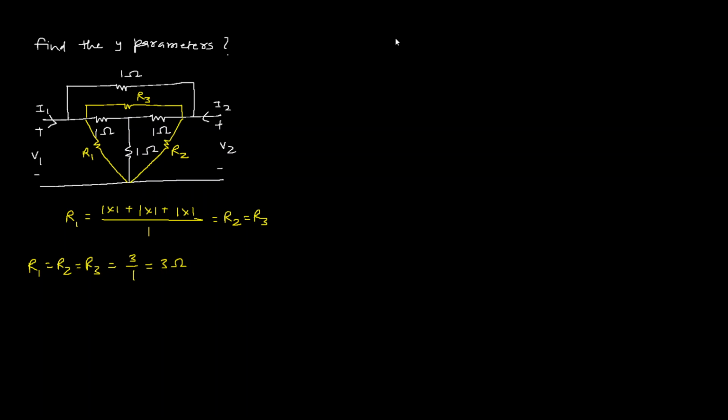So now let's redraw this circuit. This is the T network which is converted to pi. R3 is 3 ohm. R1 is also 3 ohm. This is also 3 ohm. And here we have a 1 ohm resistance.